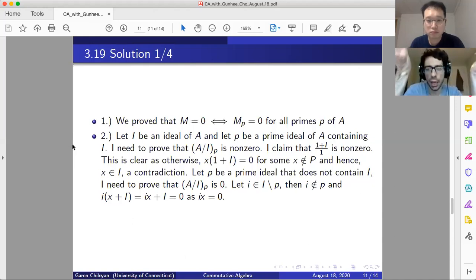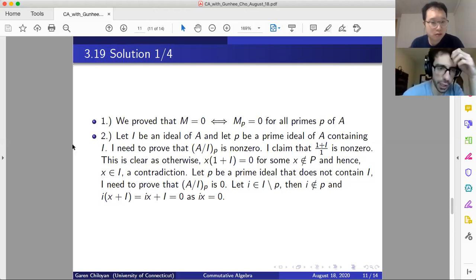If I have an element in I but not in P, then I can multiply any element x plus I by it, and I'll get an element of I. And so this element would just be 0. That means whatever number I divide x plus I by, I get a fraction that's equal to 0. So we're done.